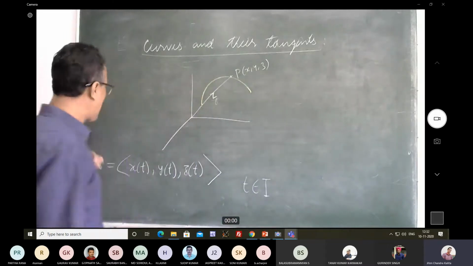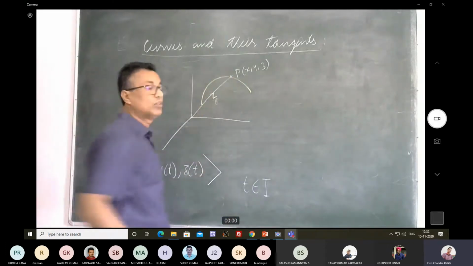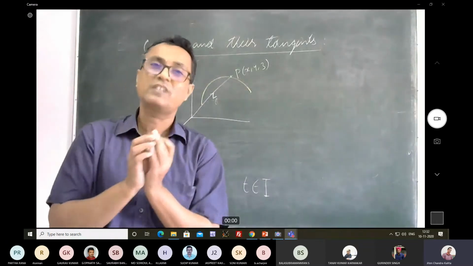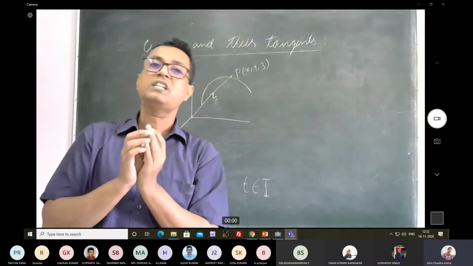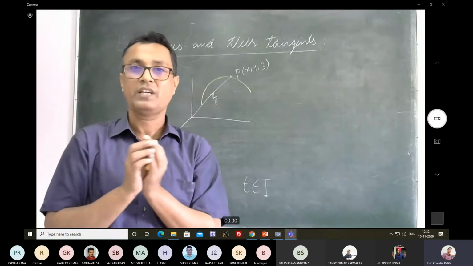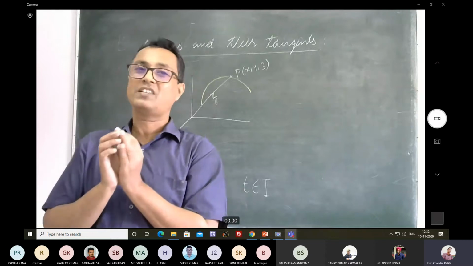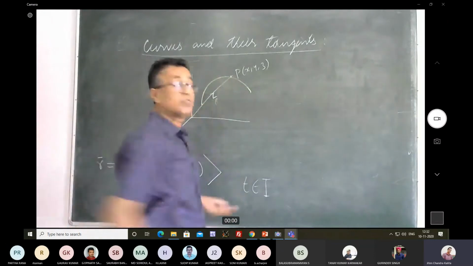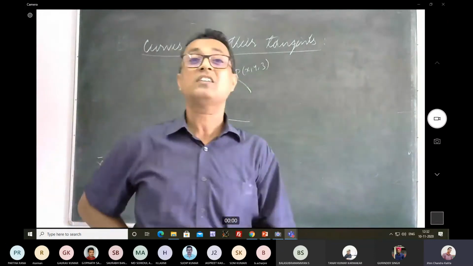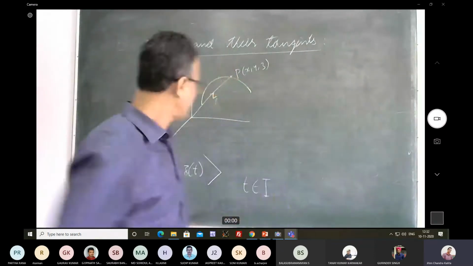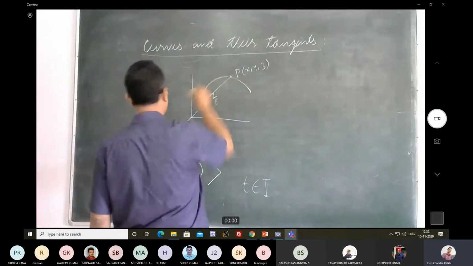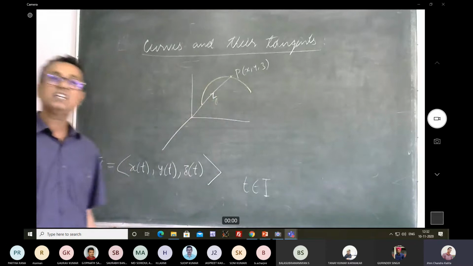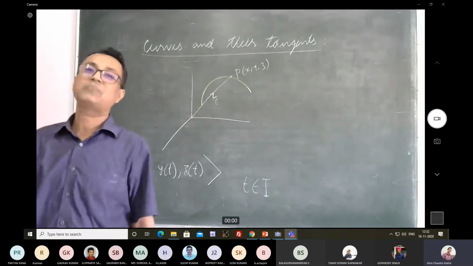Here I define this curve to be created from the trajectory of a point moving in the XYZ space. But the curve does not necessarily have to be traced out by a trajectory. Here x, y, and z represented the coordinates of a point at time t.